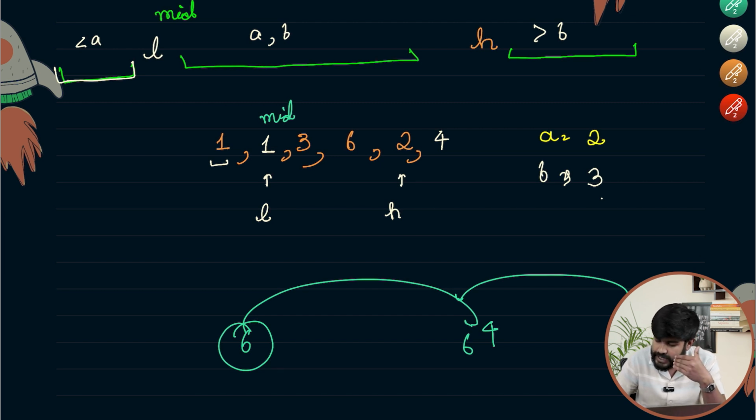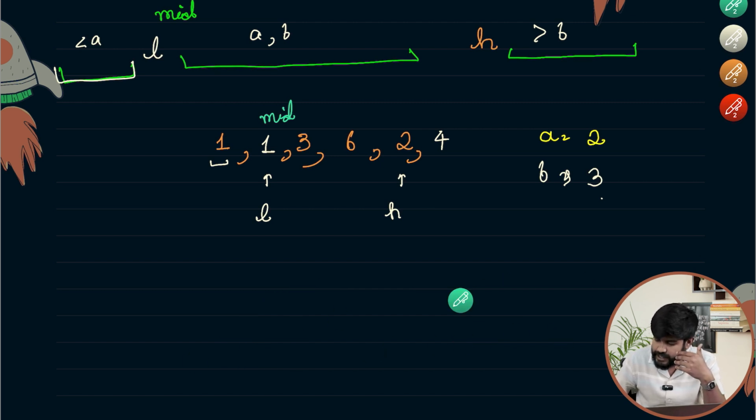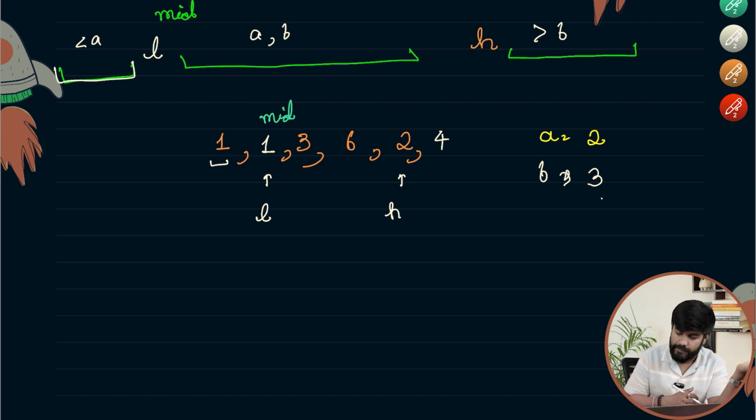That is why whenever we swap with high, the mid won't move. Whenever we swap with low, it would move. Why? Because it is less, so that place is settled. But in the case of high, the swapped value needs to be considered.